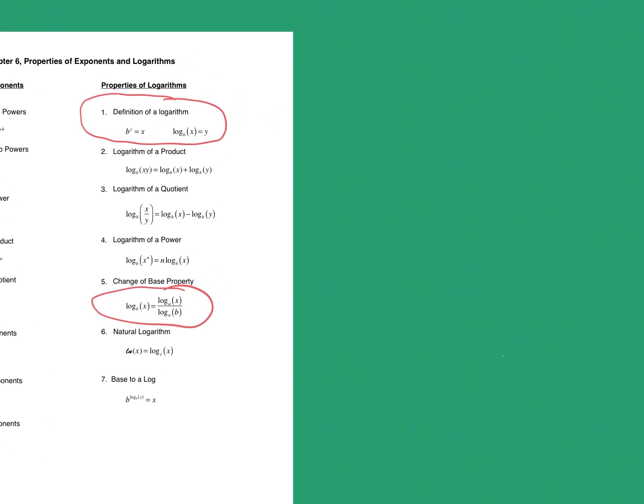So if we have an exponential equation, like b to the y equals x, I can rewrite that because oftentimes we want to know what that y is. In this case, it's written so that y is our unknown variable. So we want to solve for y, and we can do that with logarithms.